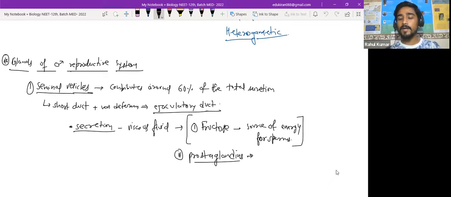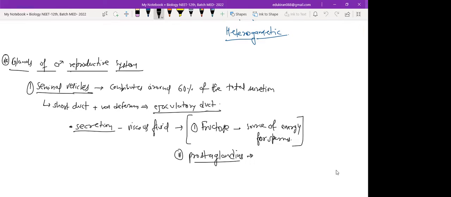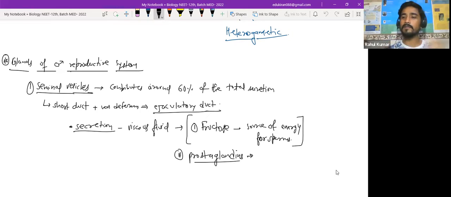Arpit said viability is more important, probably because even if a sperm is not good with motility, we can take it outside and inject that sperm nucleus into an ovum, and it will fertilize that ovum, right? Or if I keep that sperm in close vicinity with the ovum, it will fertilize the ovum. It will take some time, but it will do that.